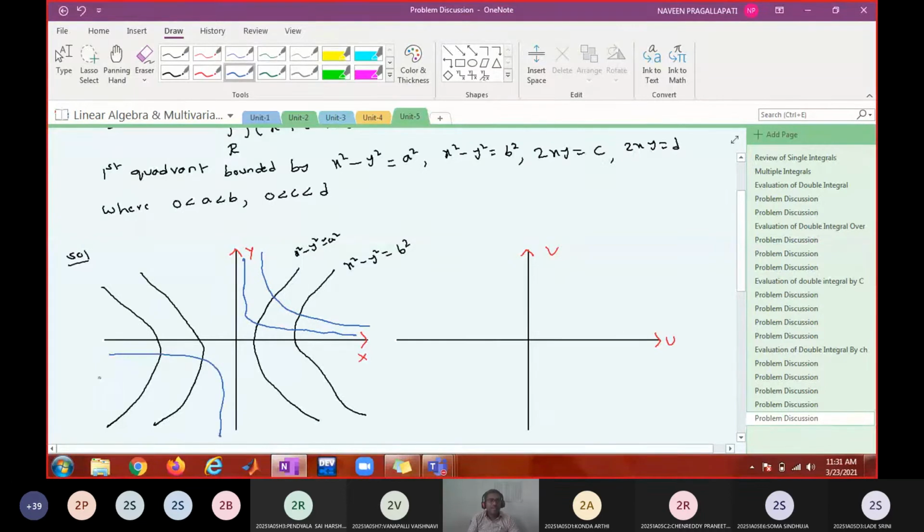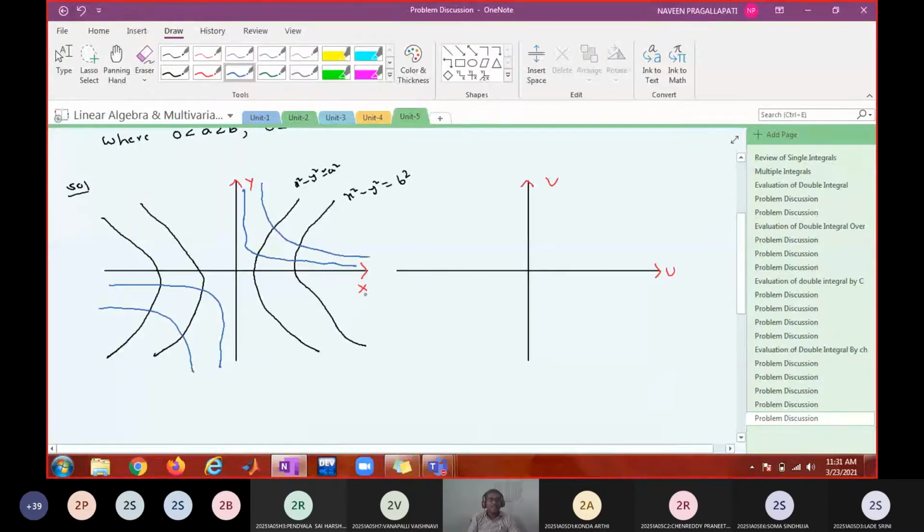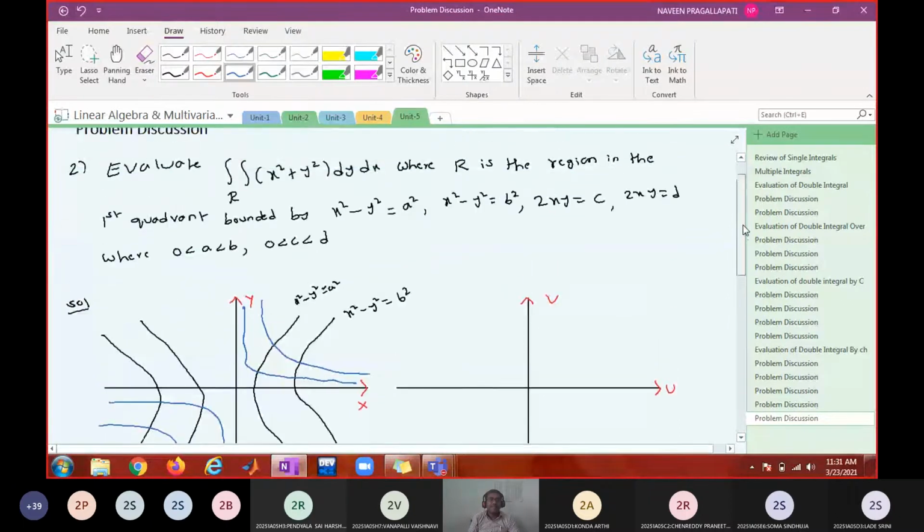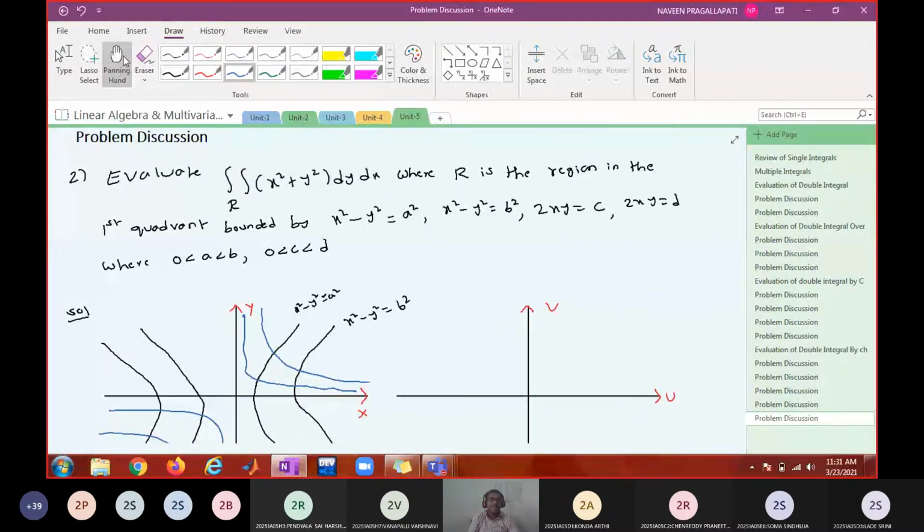And which part of the region I need to shade? Where is that region in the problem? In the first quadrant. The region is the first quadrant, bounded by 4 curves.